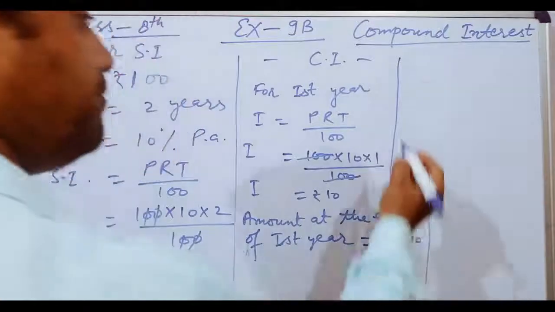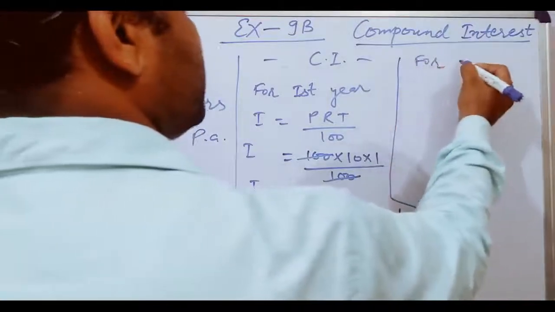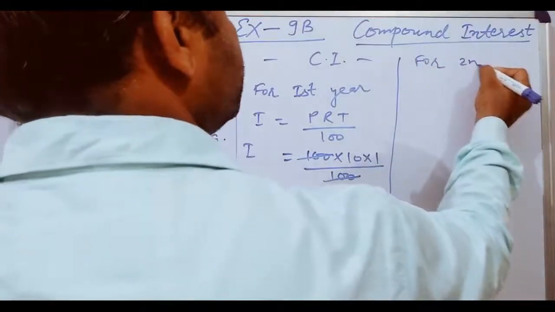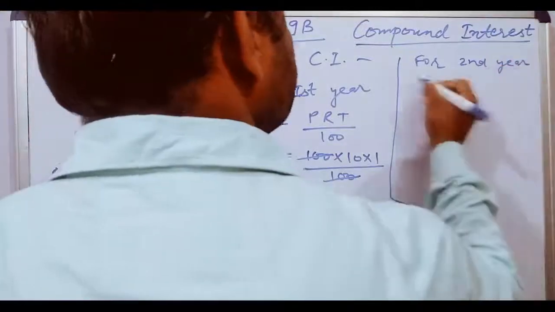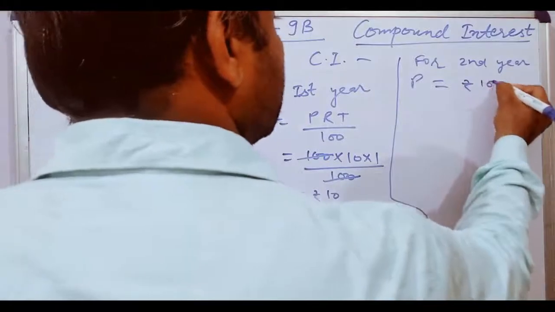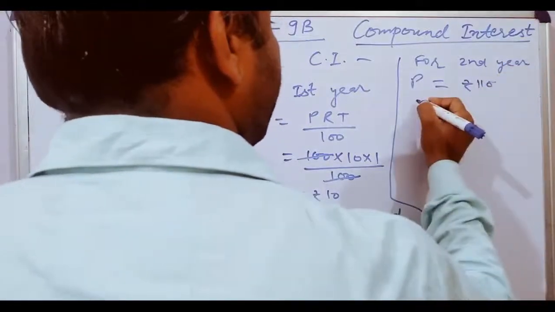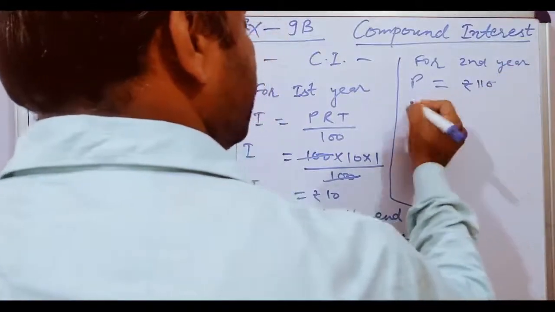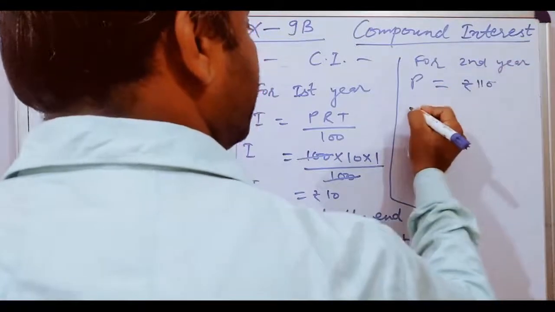Then for the second year, now the principal will be this rupees 110, the rate is the same, and time is 1 year, because the second year means a 1 year duration.